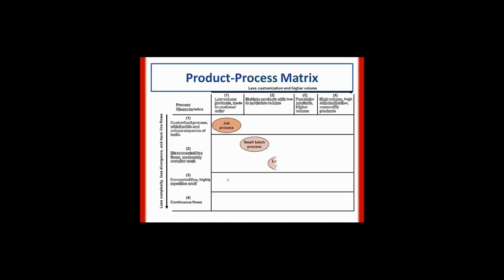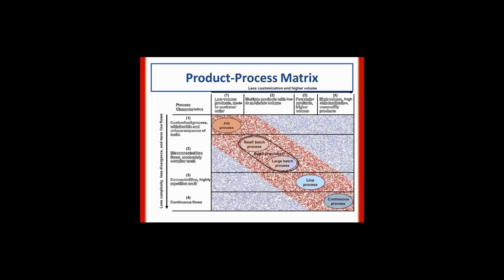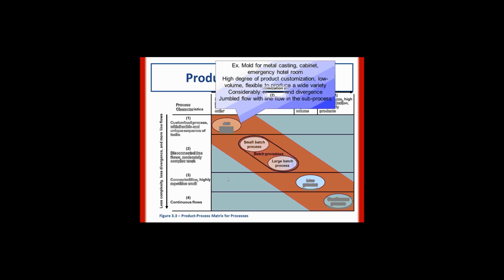Looking at this example, we will also give out a good example of each category. First, a job process. A job process can be an organization that produce one-of-a-kind product.